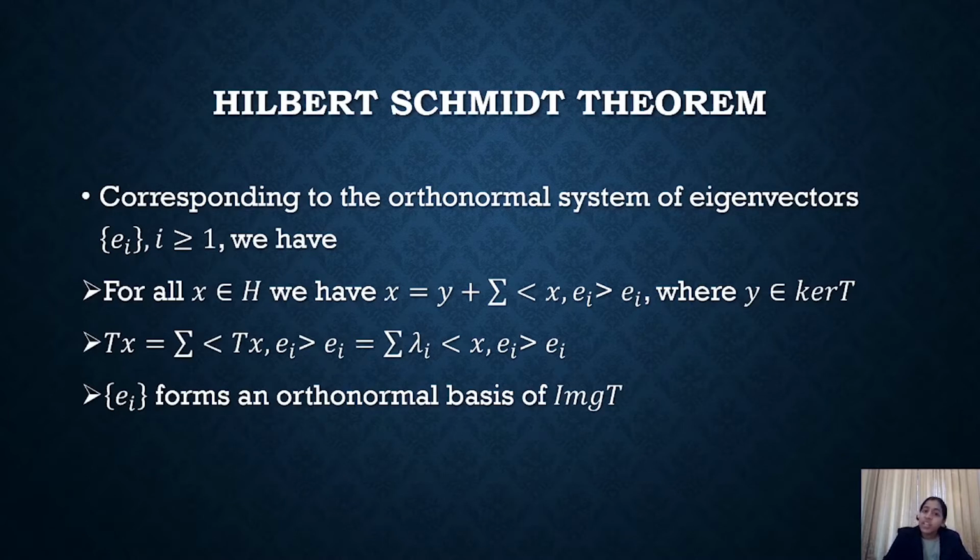We had proved that with the help of the induction process, and now the remaining portion of this theorem corresponds to this orthonormal system of eigenvectors. We have the following three things.